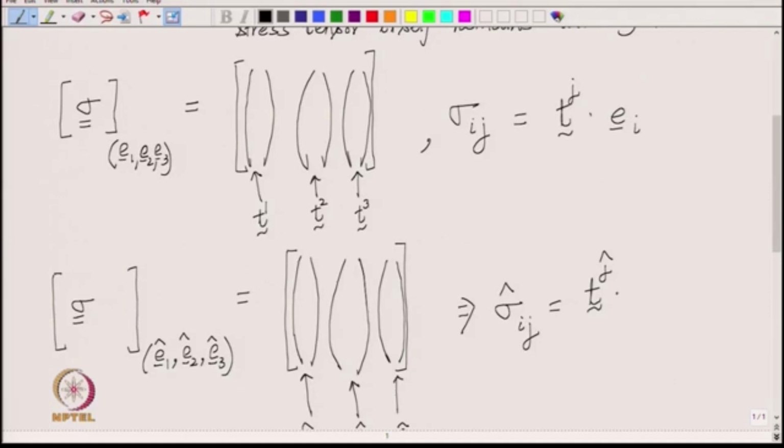So, I have to now represent this traction in the hat coordinate system, remember, not in the E1 E2 coordinate system, but in the E1 hat, E2 hat, E3 hat coordinate system.